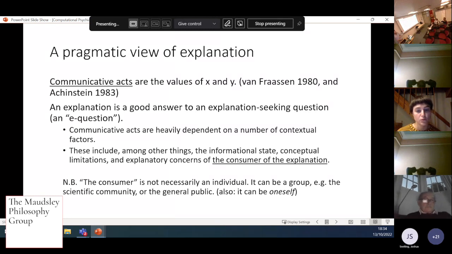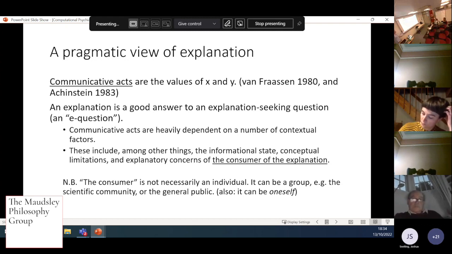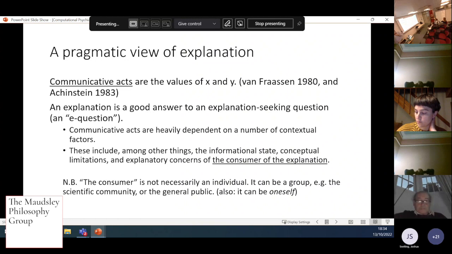A pragmatic view of explanation is very different. According to a pragmatic view of explanation, communicative acts are the values of X and Y. So an explanation is a good answer to an explanation-seeking question, what I'm calling an E question. Communicative acts are heavily dependent on a number of contextual factors.